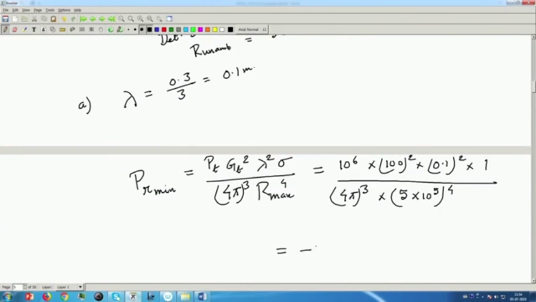Write the absolute value first: 8.06 into 10 to the power minus 19 watt.